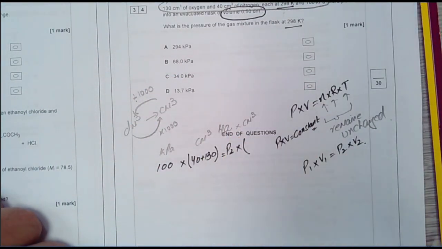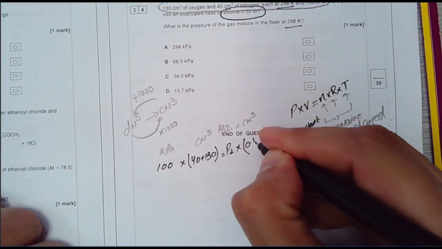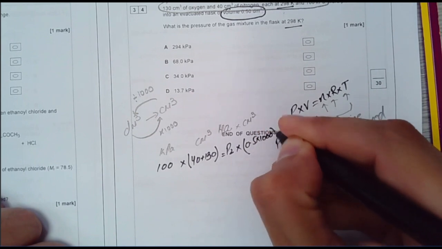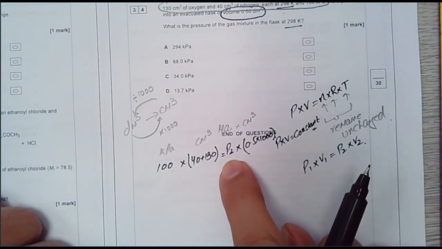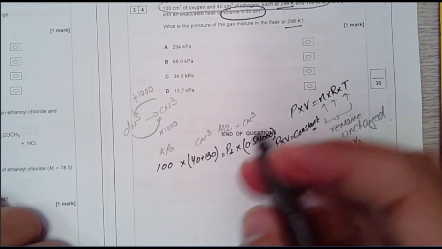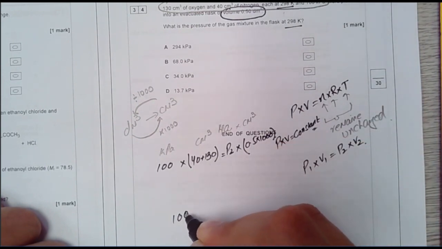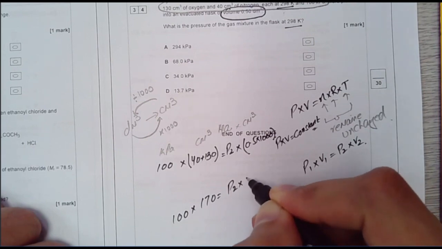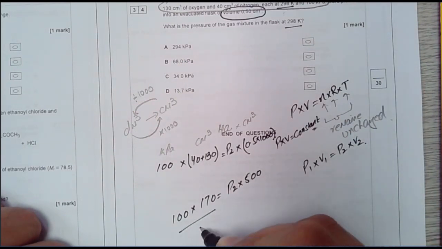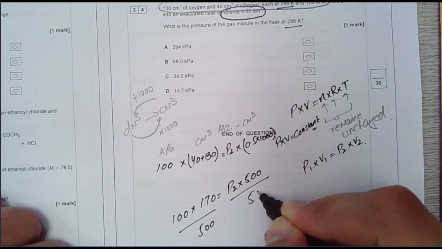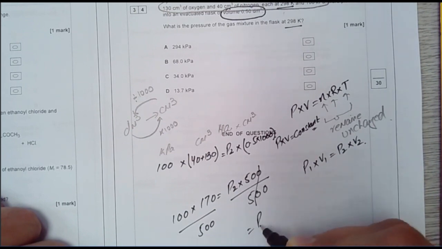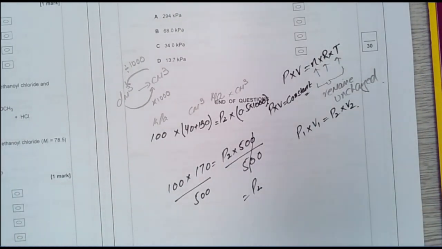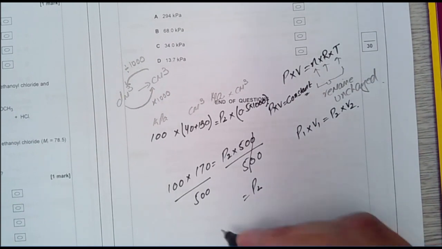If I multiply 0.5 by 1000, now there's only one unknown, that is P2. So you just have to work it out. You'll say 100 times 170 equals P2 times 500. You divide both sides by 500. This is gone. You're left with P2 being equal to, how much is it? It will be 34 kPa.